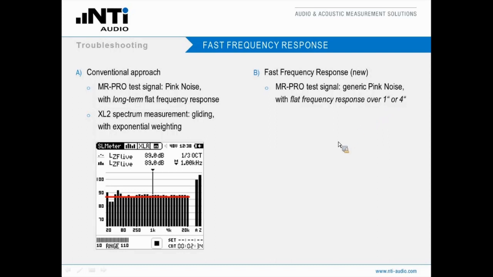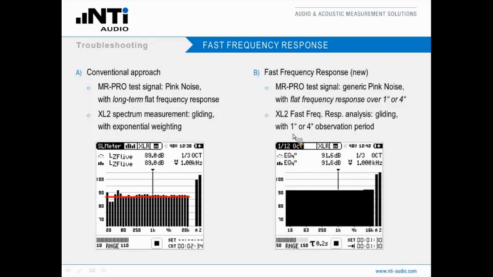It provides a flat frequency response within 1 or 4 seconds. It is up to you to decide which of these two signals you want to use. So you have the flat frequency response already within 1 second. And consequently, when you measure this signal with the XL2, again in a gliding way, you will already receive a very stable, very flat response within this 1 or 4 second observation period.